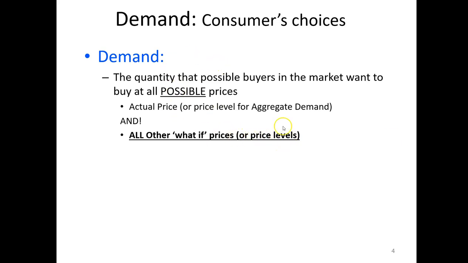Everything I've said up until this price levels point has focused on the market, in this case the market for gasoline. In this course, when we analyze markets, we're often going to be thinking about, especially when we get to chapter 12, the market for everything. And we're going to call that aggregate demand.